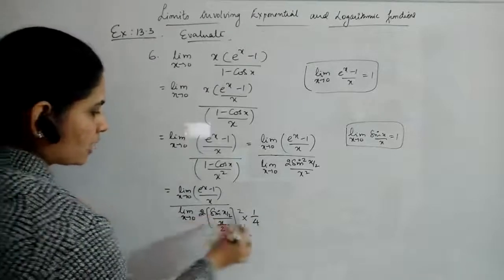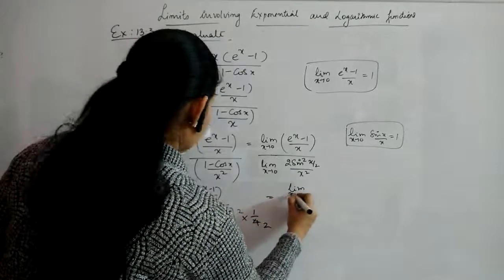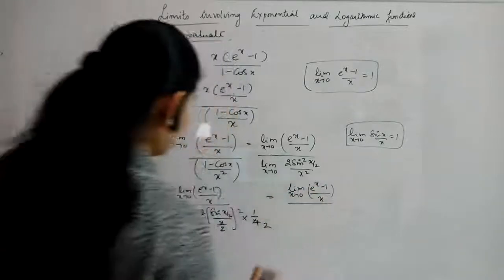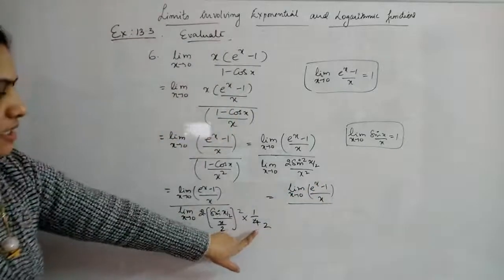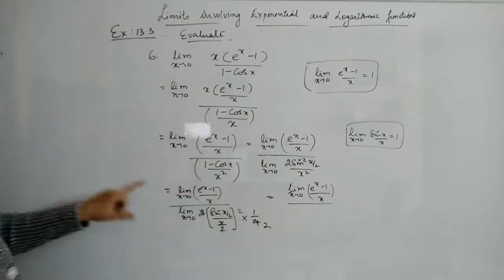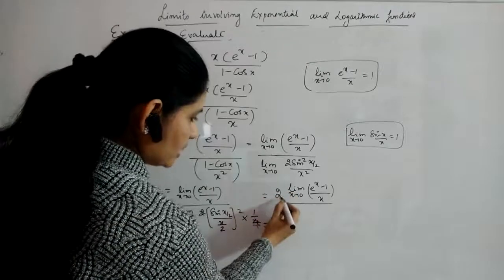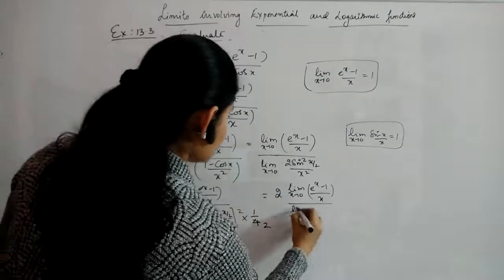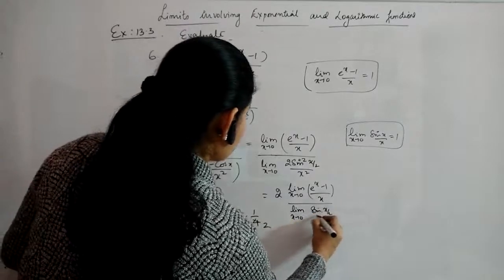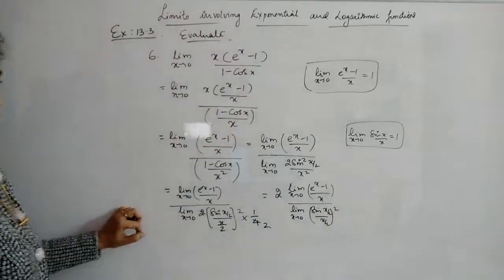Now these two can be cancelled. It becomes 2. Now the property becomes (e raised to x minus 1) by x divided by, here you have a 2, and this is actually denominator's denominator, so it will come as a numerator, so this becomes 2 here in the numerator. Remaining term is limit x tends to 0 (sine x by 2 by x by 2) the whole square, right?